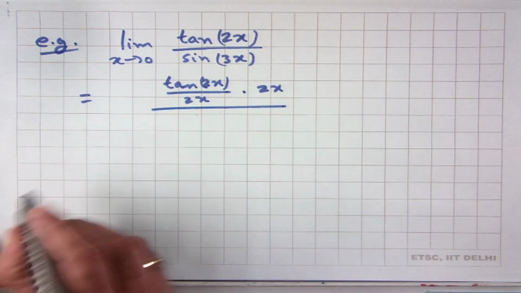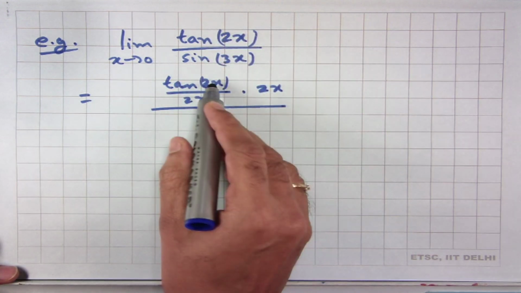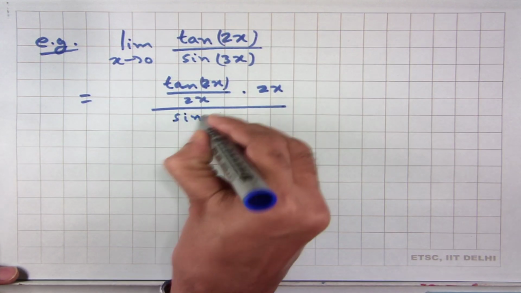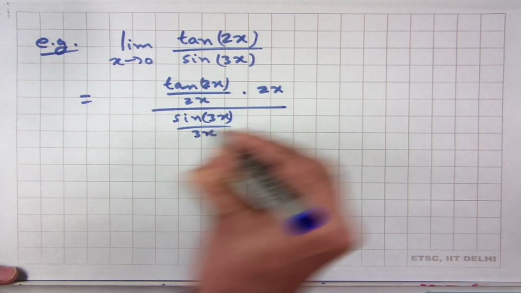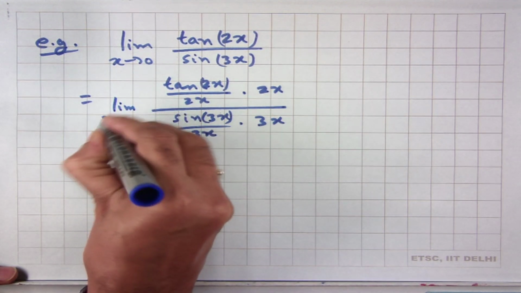If x is not 0, then I can write tan 2x as tan 2x by 2x times 2x. Similarly, sin 3x can be written as sin 3x by 3x times 3x, and then we have the limit as x goes to 0.